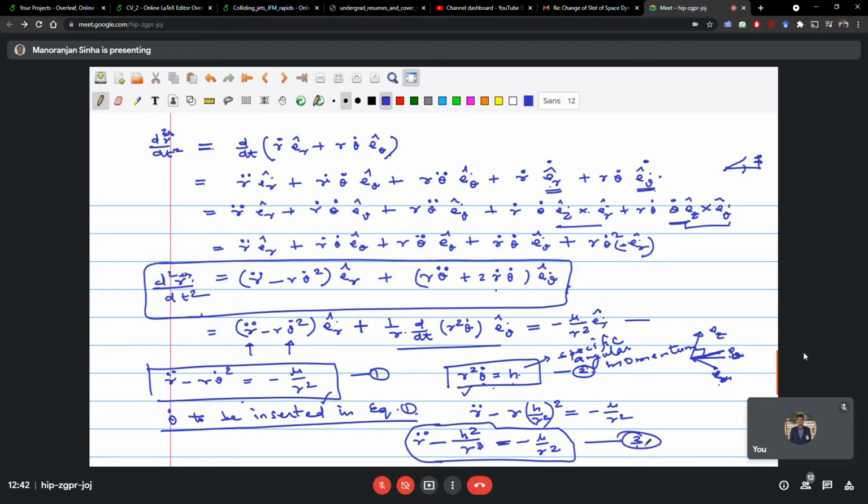And equation 3 is a non-linear second order differential equation, and this has to be solved.